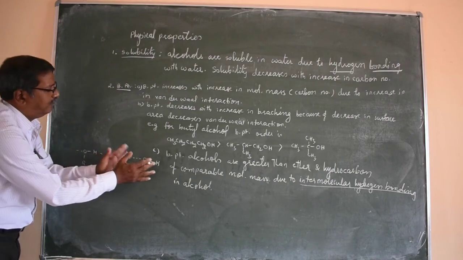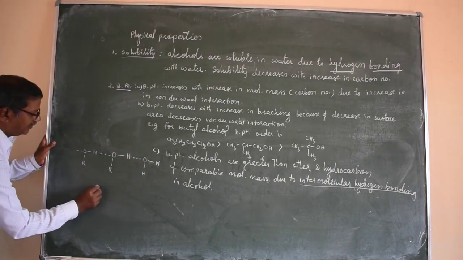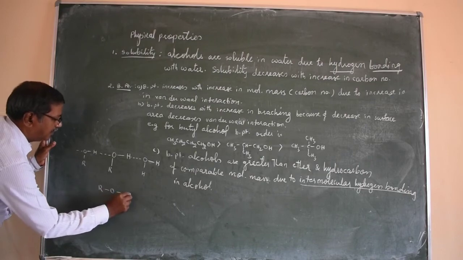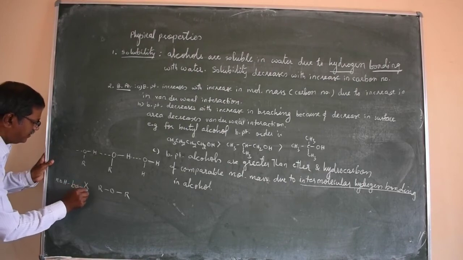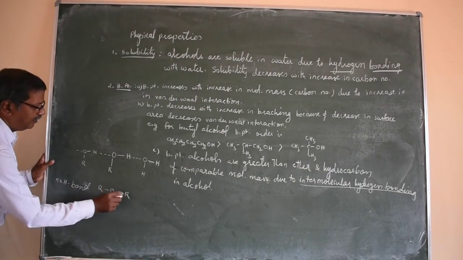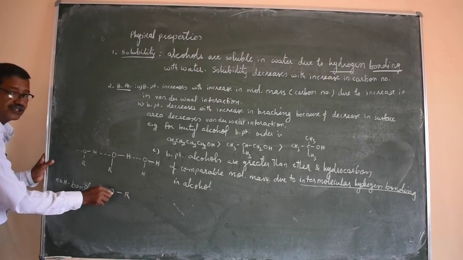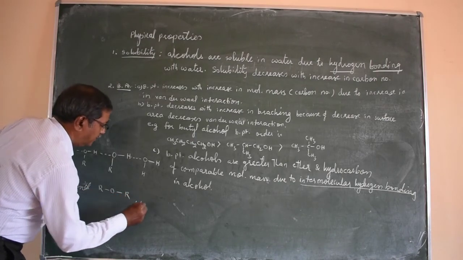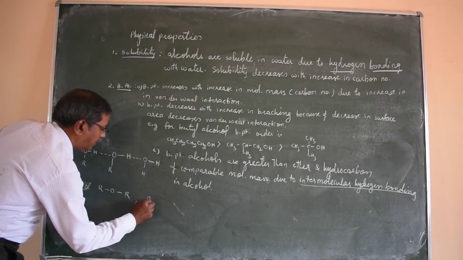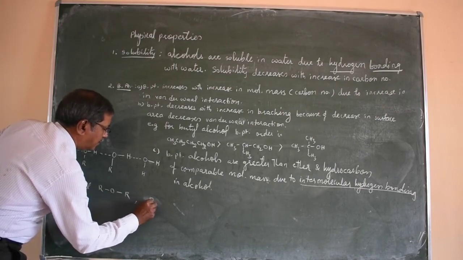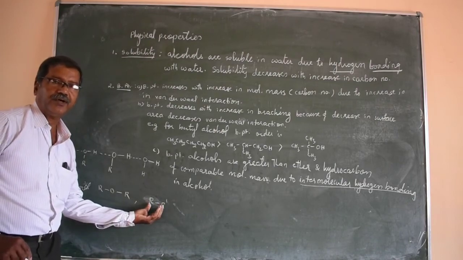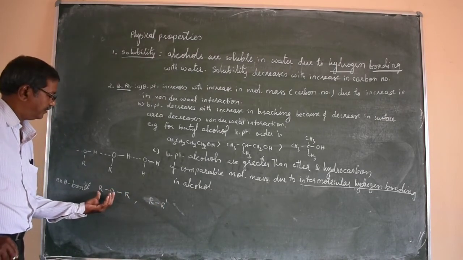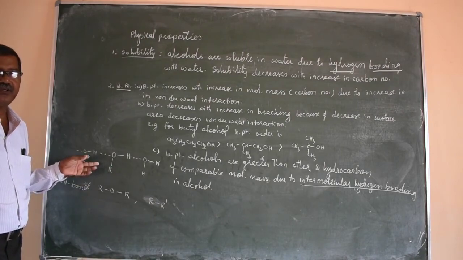This is called intermolecular hydrogen bonding. That type of hydrogen bonding is not observed in ether. No hydrogen bonding in ether, because there is no hydrogen atom attached to the oxygen. Similarly, no hydrogen bonding in hydrocarbons, for example R-R', as there is no oxygen or electronegative atom. No hydrogen bonding here, no hydrogen bonding here. Here we have intermolecular hydrogen bonding.